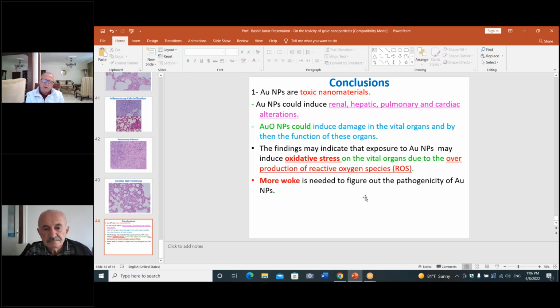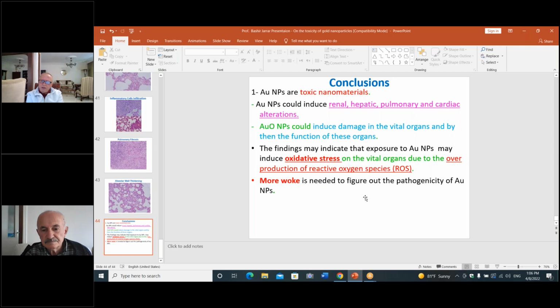For the interpretation of the effect of these nanoparticles on the different tissues of the vital organs, the findings suggest that gold nanoparticles induce oxidative stress on the vital organs due to the overproduction of the reactive oxygen species, the ROS.